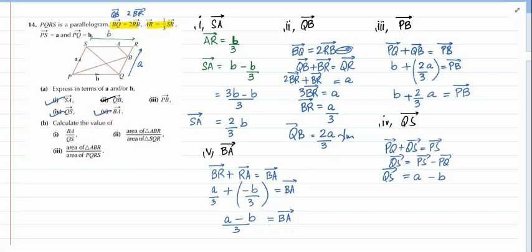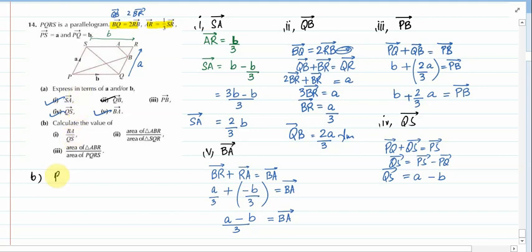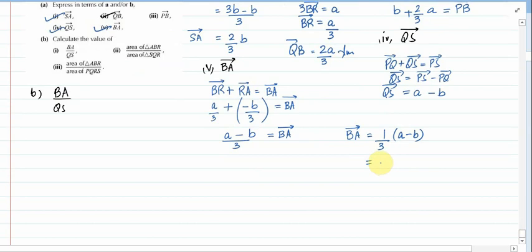Now in second part, or in part B, calculate the value of BA over QS. Where we had find BA in the last part, that is A minus B over 3, and QS, it's A minus B. So if I write BA in this manner, that it's 1 over 3 of A minus B, then I can say that BA is 1 over 3 of QS, right?